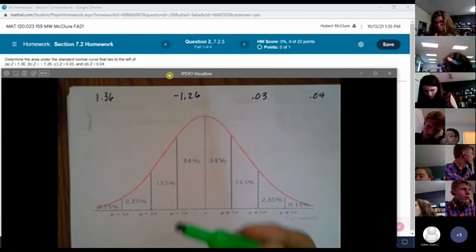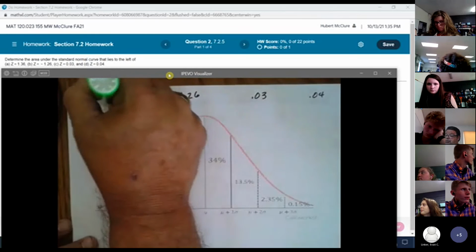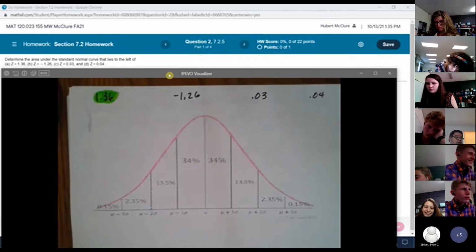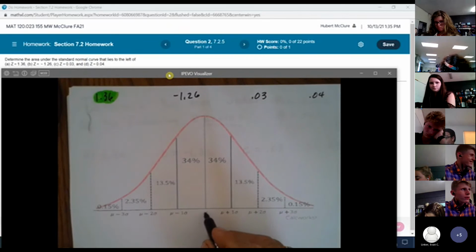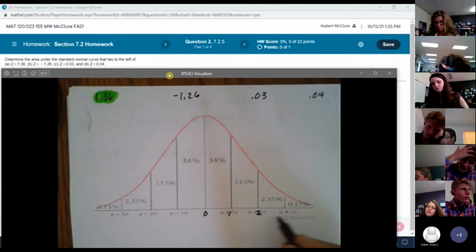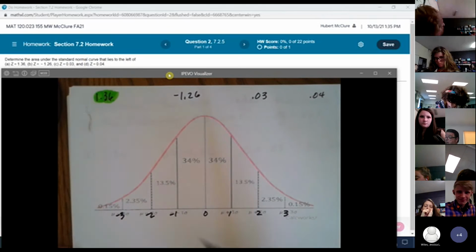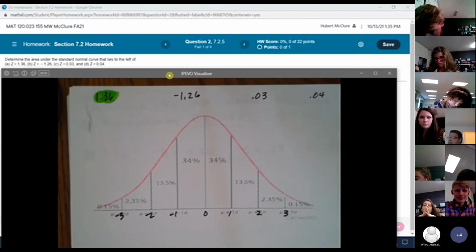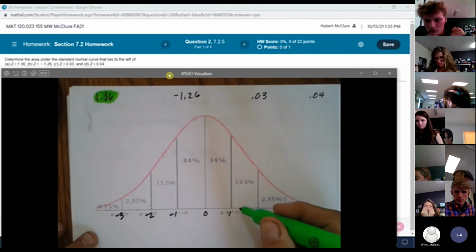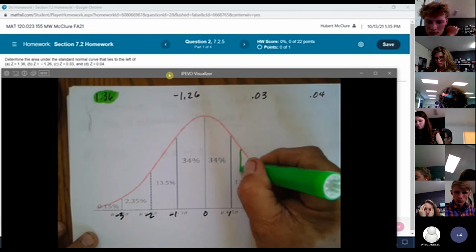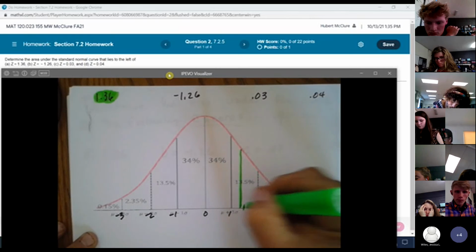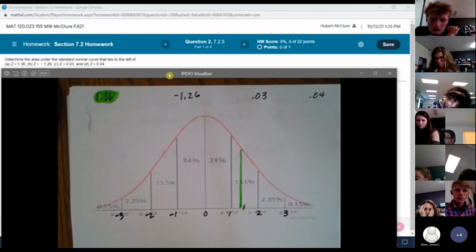So here is 1.36. We know that 0 is the mean, standard deviation is 1. And 1.36 is probably about here, because that's 1.5. So that's 1.36.